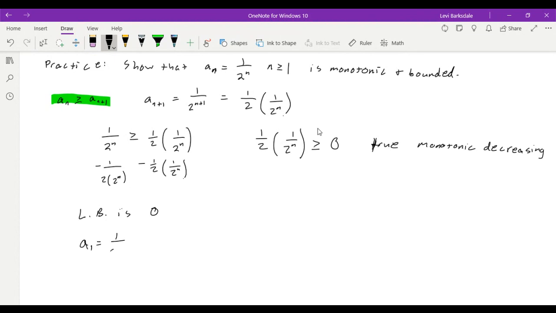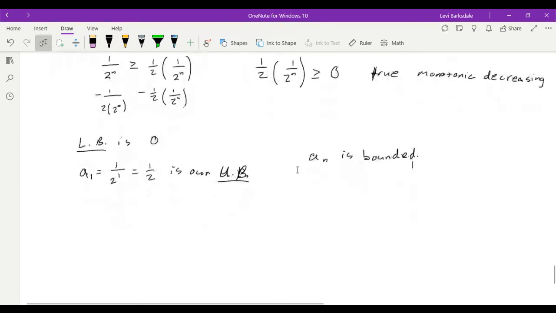Our first term is 1 over 2 to the first, which is 1/2 once again, our upper bound. There we go. Because we found a lower bound and an upper bound, our sequence is bounded. And we already showed that it's monotonic decreasing, so we are done.